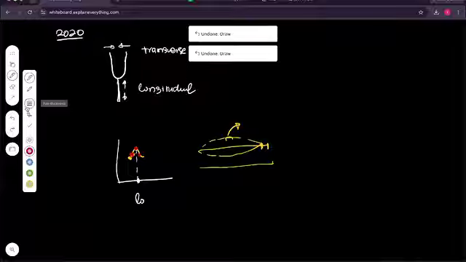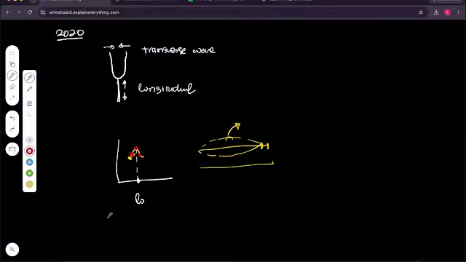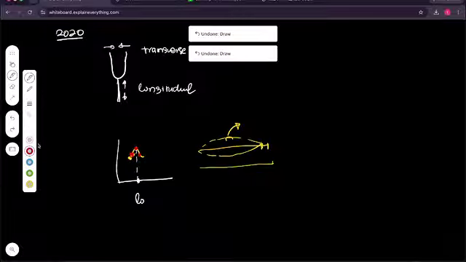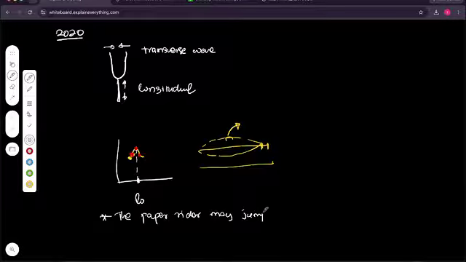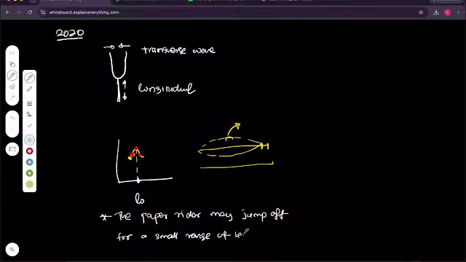So what we can say: the wave rider may jump off for a small range of lengths around resonance.